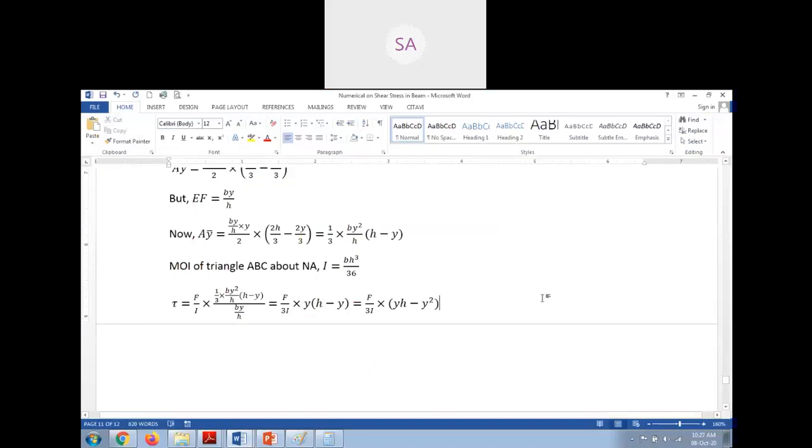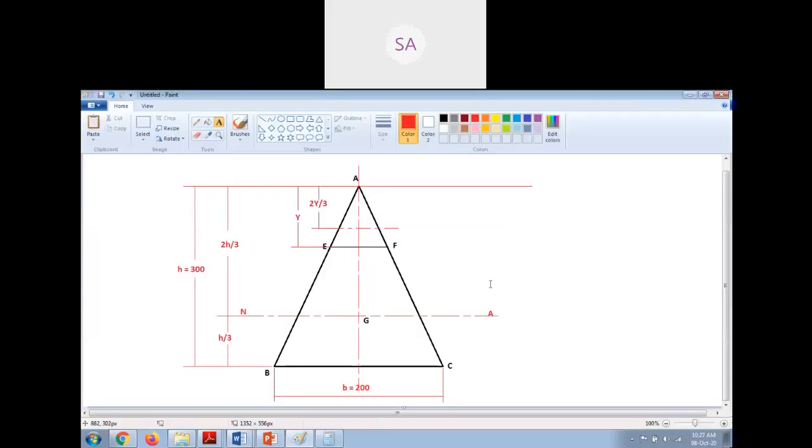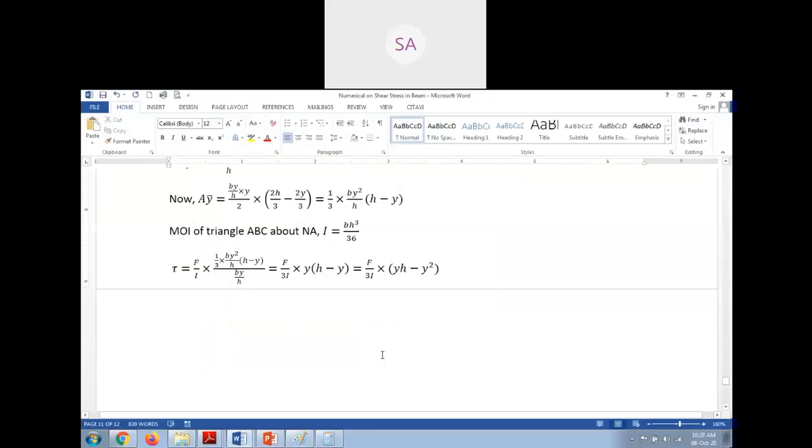Okay. Now what we'll do is we'll try to find the shear stress at various points. Now there is no significant point at A and BC. The shear stress will be zero. I know that, right? Because in this expression, at A, y will be zero, right? So this will become zero and this will become zero. So the shear stress will be zero.